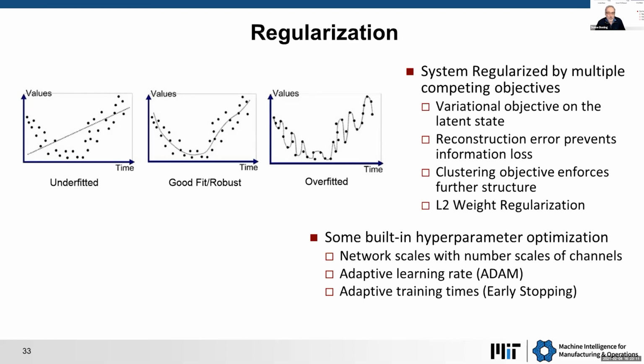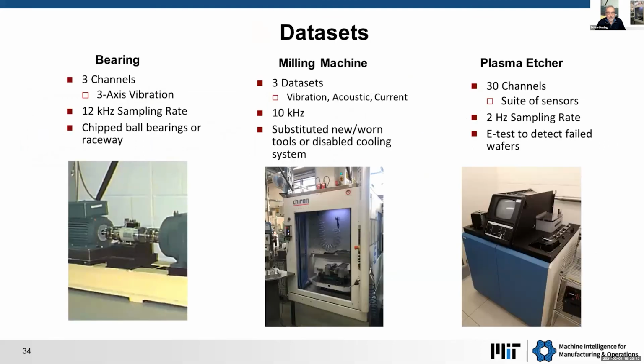But we found we didn't really have to apply very much hand optimization in any way. We were able to essentially use standard hyperparameters, which leaves some room perhaps for hyperparameter optimization, but we just used a standard Adam with some early stopping to achieve both the regularization and good training.